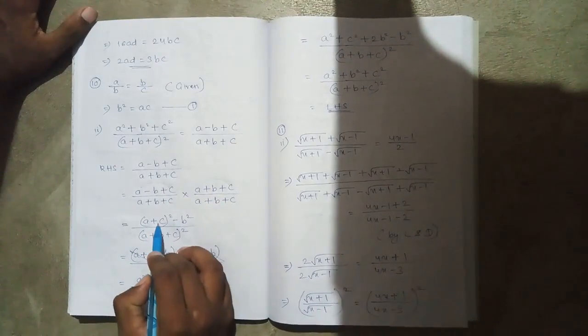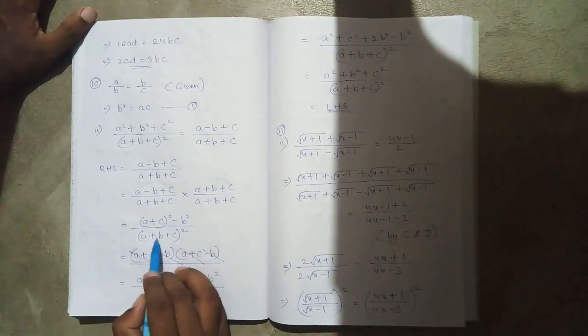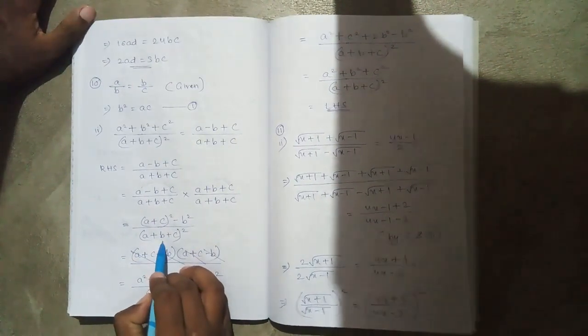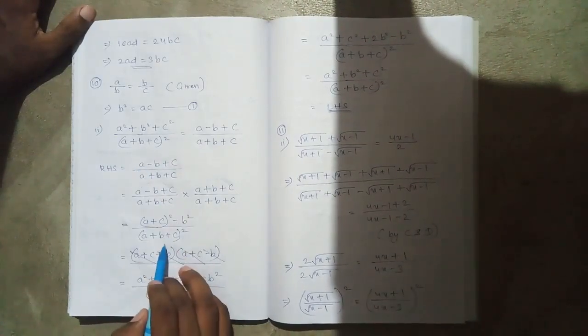So (a plus c) whole square minus b square by, in the denominator we get (a plus b plus c) whole square. Okay, we need it in the LHS, (a plus b plus c) whole square, so do not disturb this denominator.